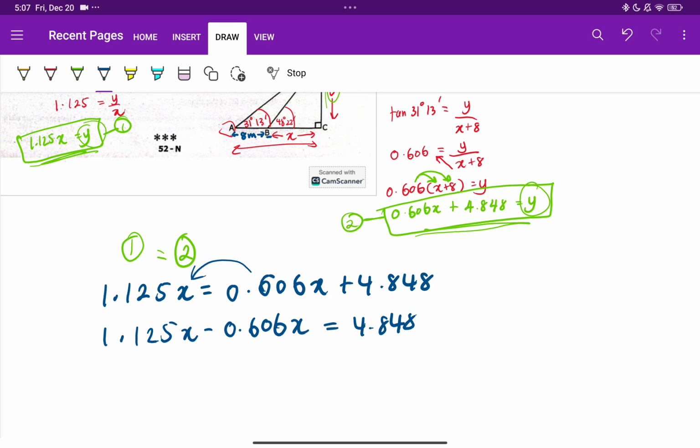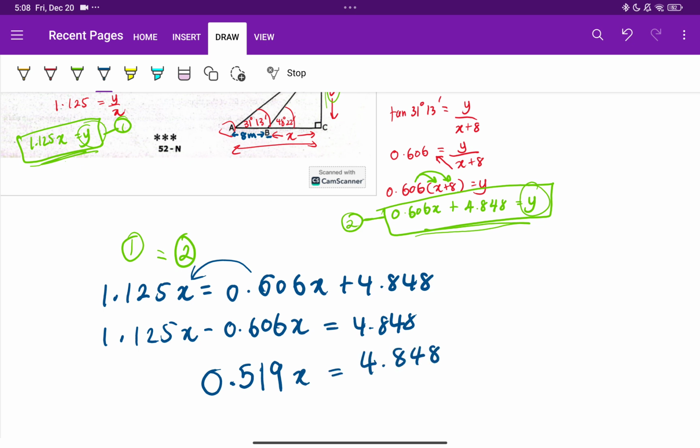Here it would be 0.519. Let me double check that. Yes, that's correct.